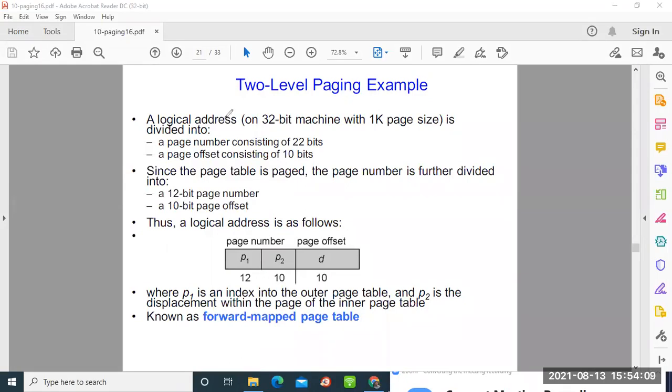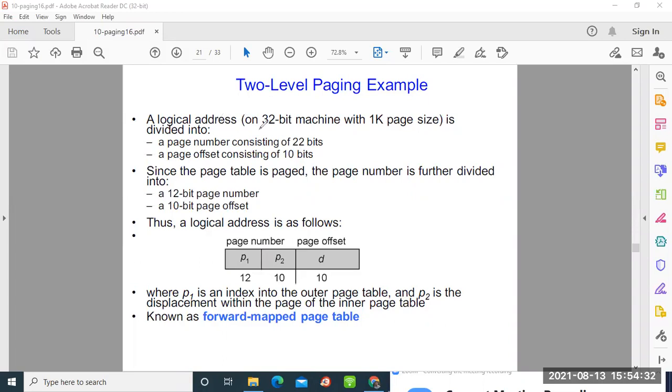The main reason is that if the size of the page table is very large, it is very difficult to maintain it. So instead of one single page table, we will go for two-level paging. This is an example of two-level paging.